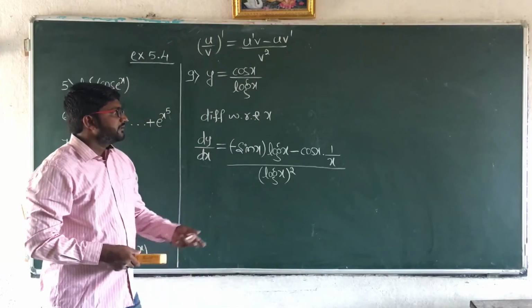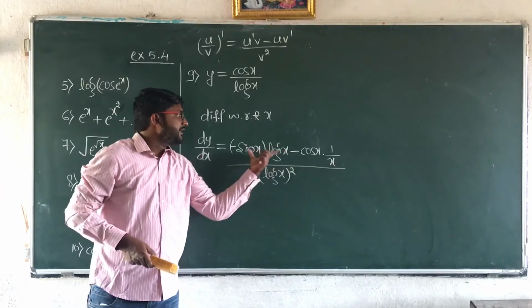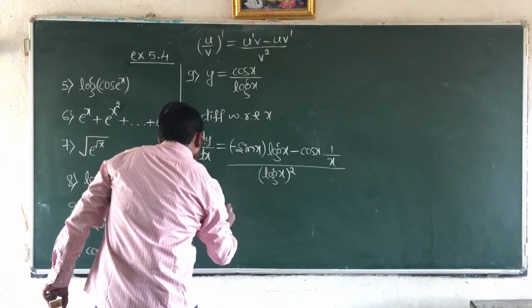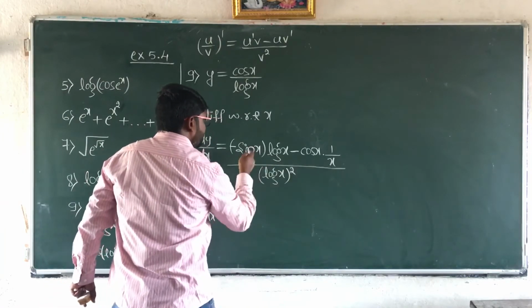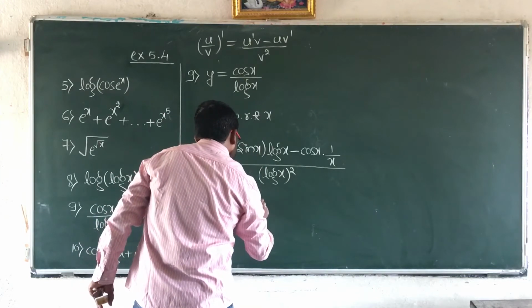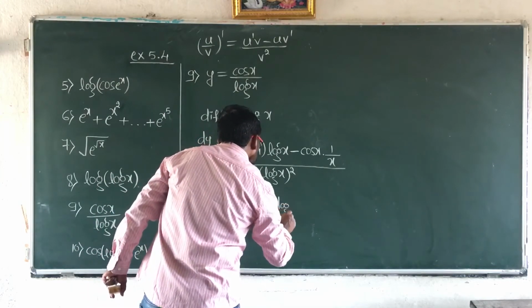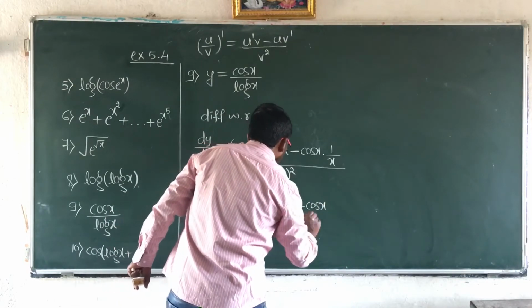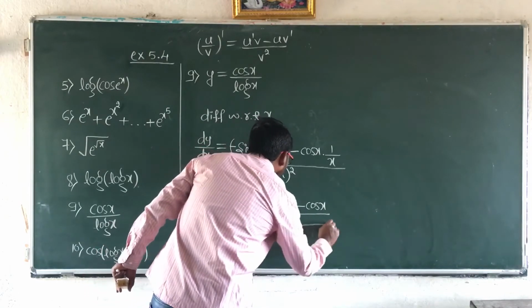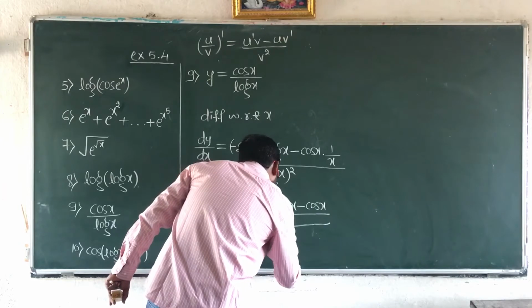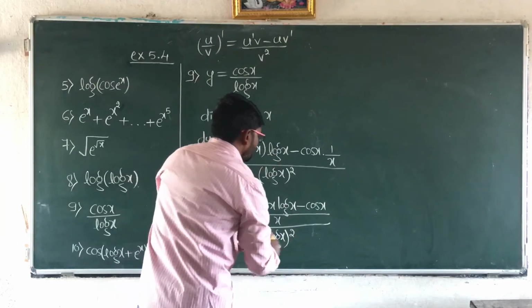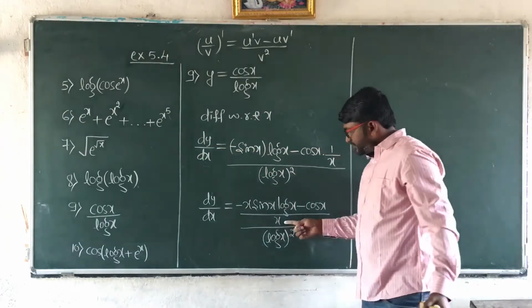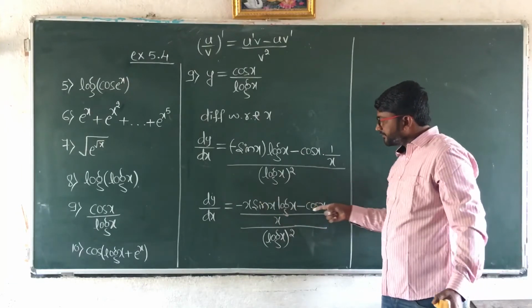So in the numerator, let us take up the LCM. x will be multiplied with this particular term. So dy by dx is equal to, I multiply x with this now. We get minus x sin x into log x minus cos x, divided by x, whole divided by log x the whole square. Now see here, in the next step these two terms will be multiplied, and then in the numerator we can take minus common.